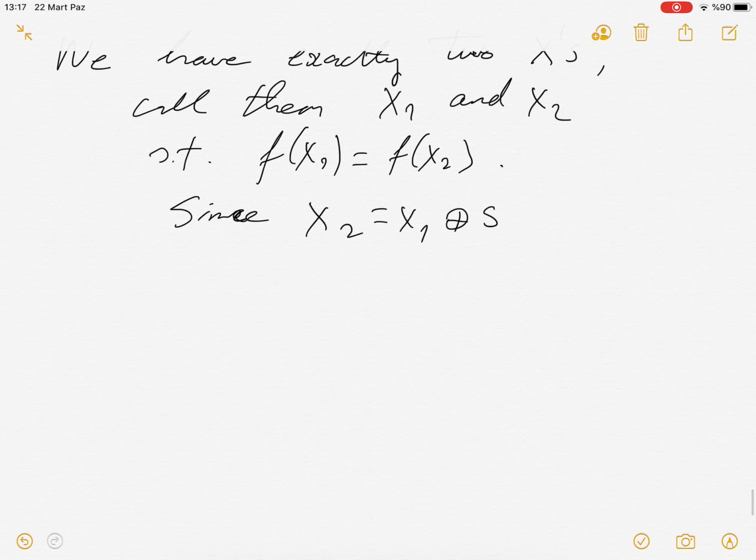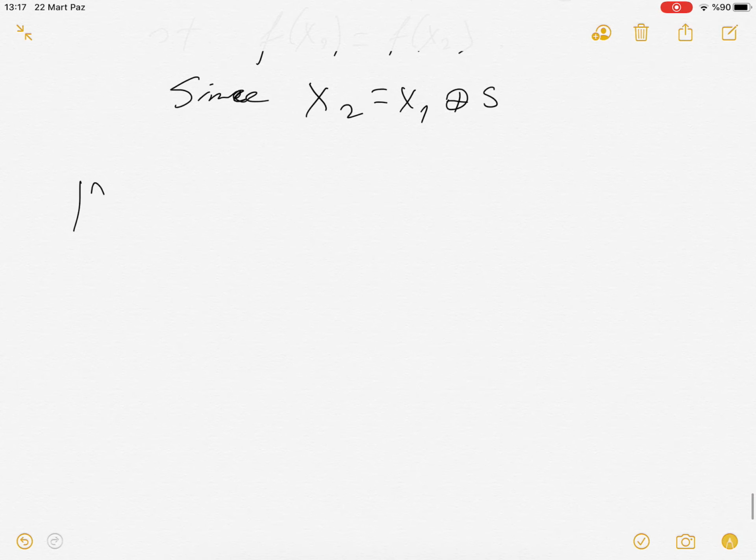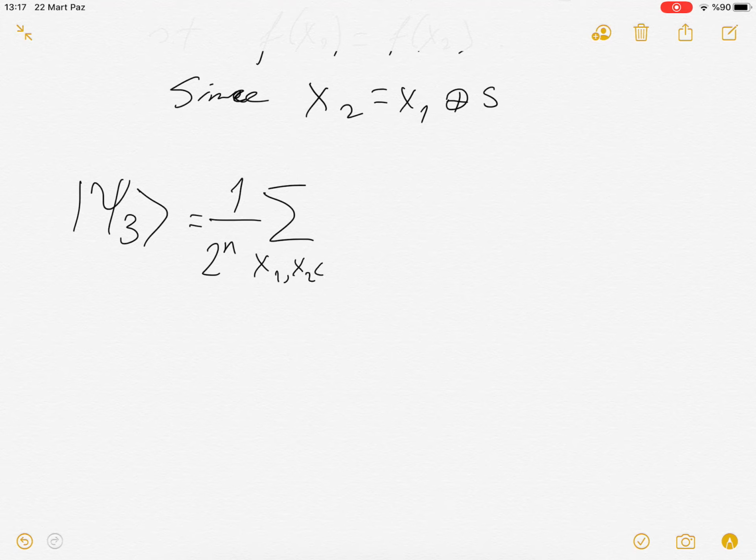So let me rewrite psi 3 as 1 over 2 to the n, summation, where I'm only going to consider x1 and x2, and then I have z.